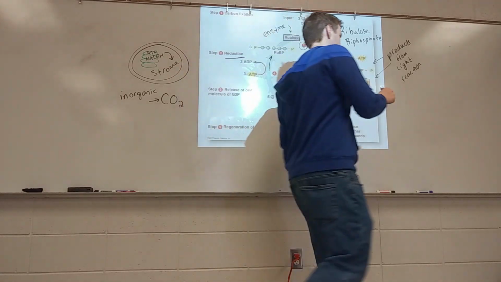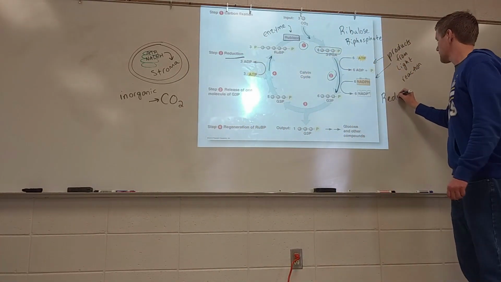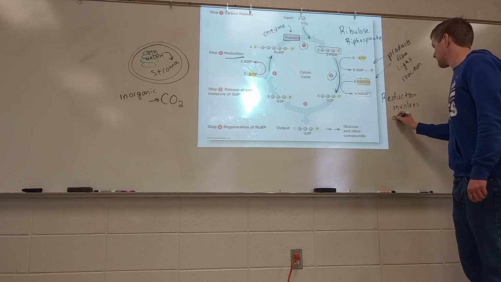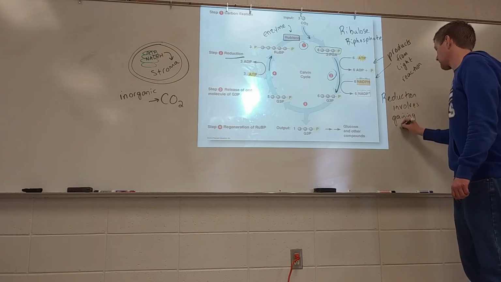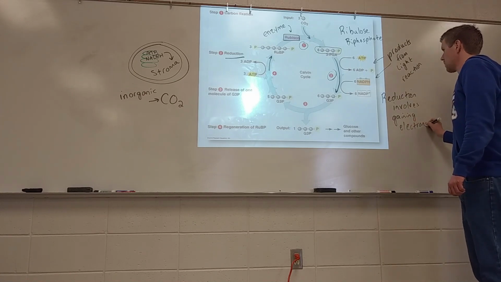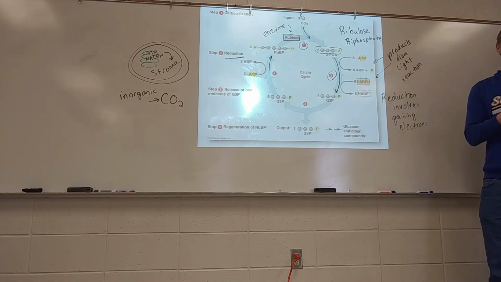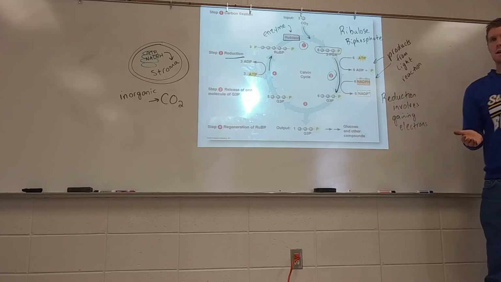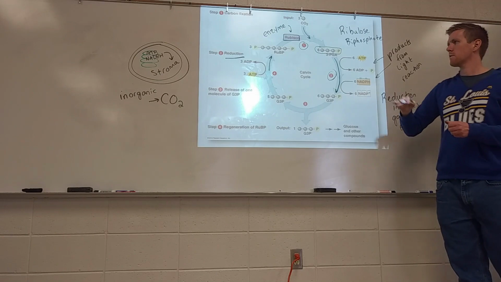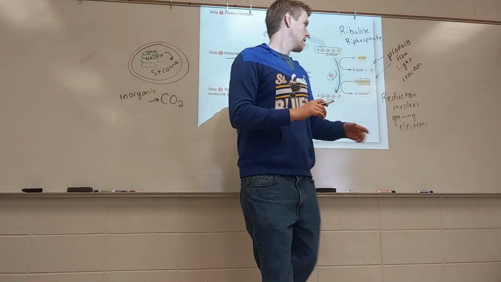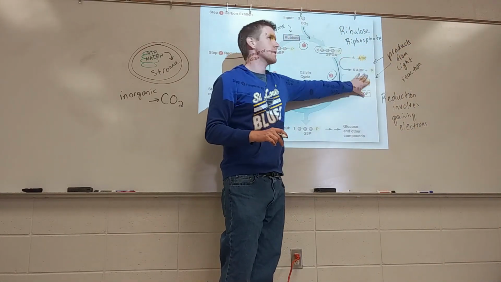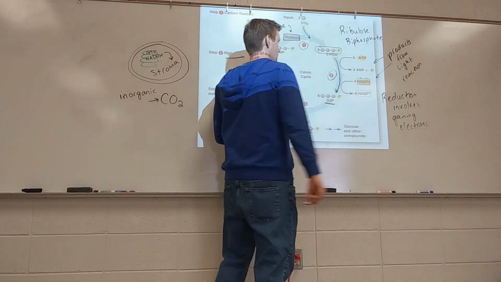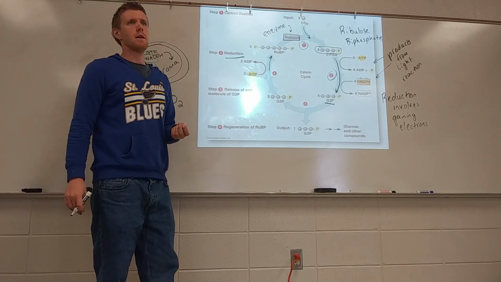Might be a strange name if you're not familiar with the term, but the word reduction actually means that you are gaining electrons. So NADPH is dropping off its energy-rich electrons, and thus the PGA molecule gains them. And so reduction involves the gain of electrons. And so by the time all of this energy is released into our cycle, we've got 6 molecules of glyceraldehyde 3-phosphate, or G3P.